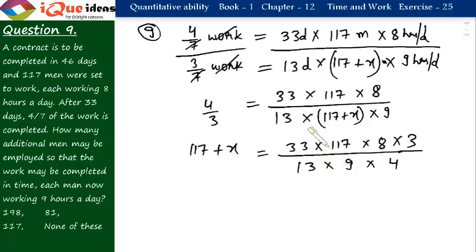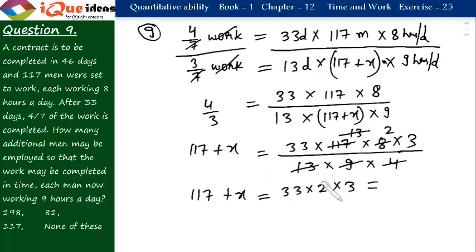Now, if you see 9, 117 is divisible by 9. 1 plus 1, 2 plus 7, 9. So 9 cancels 117 13 times. And 13 is cancelled by 13. Very nice. Now, 4 cancels 8 2 times. So what we have here is 117 plus x is equal to 33 into 2 into 3. That is 66 into 3.